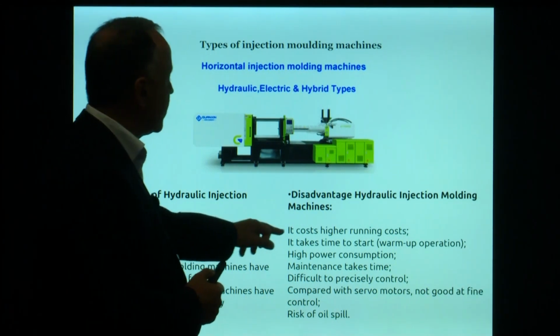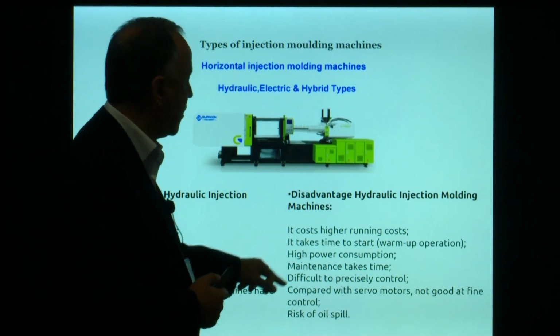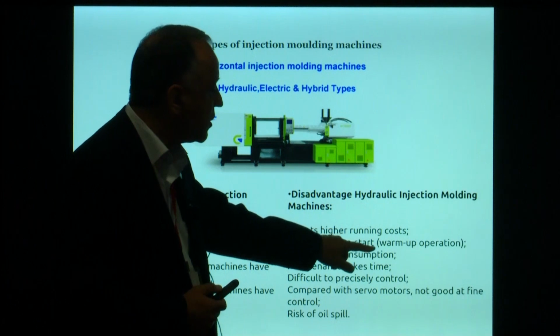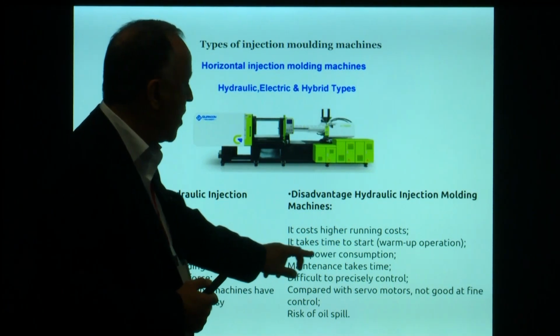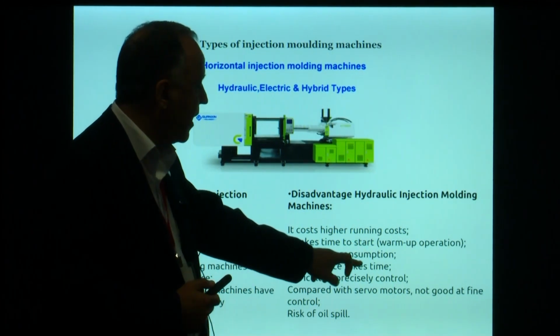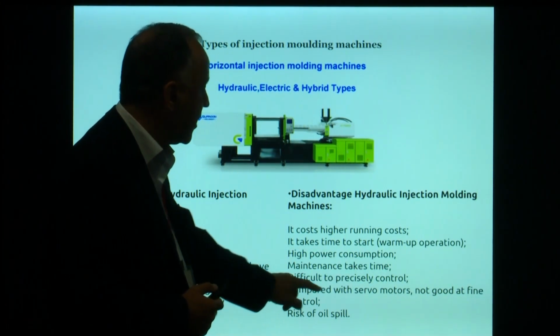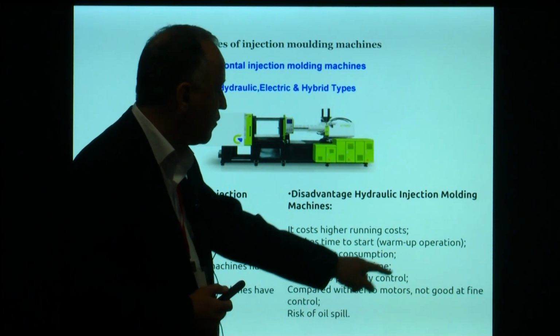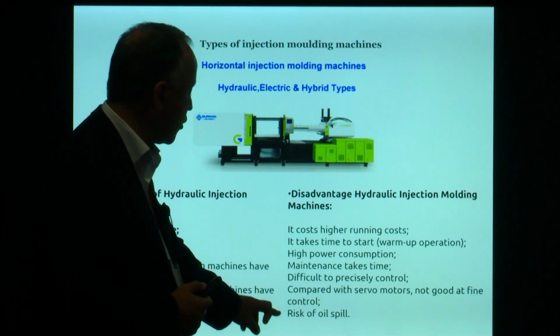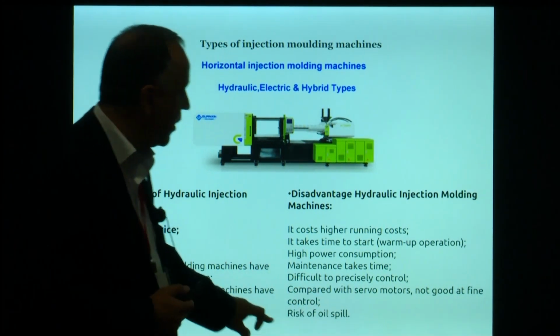I mean, it has higher running cost, it takes time to start, high power consumption, maintenance takes time, difficult to precisely control compared with servo motors, not good at fine control, and risk of oil spill.